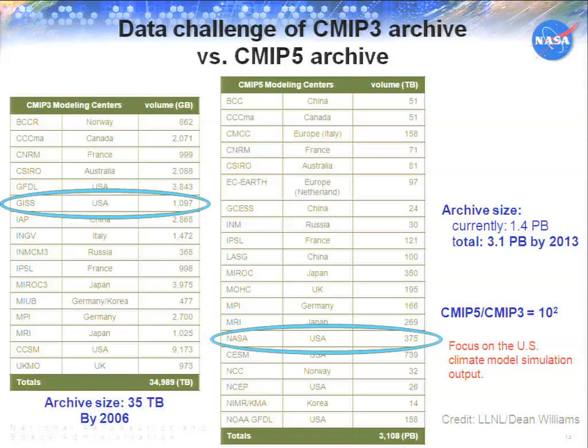Here's a data volume comparison. CMIP3, that was in 2006. There were about 15 models that produced about 35 terabytes in 2006. In CMIP5, which just finished last year, 2012, the data volume grew by 100 times.